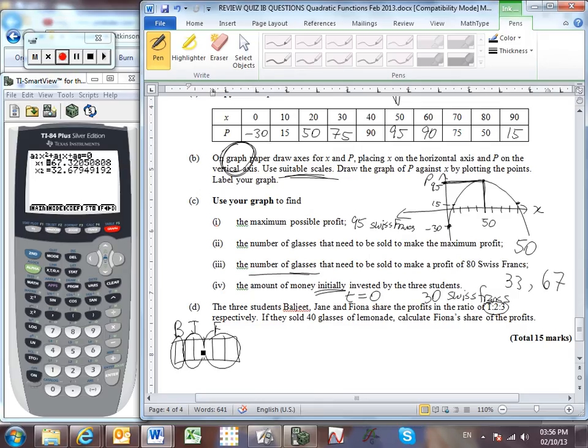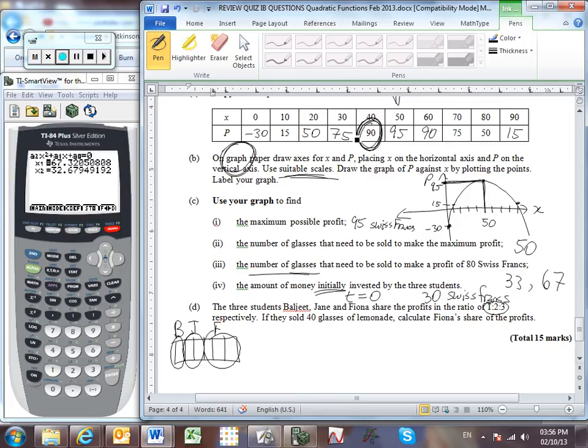Perhaps Baljeet only invested 5 Swiss francs at the beginning, Jane invested 10, double the number, and Fiona invested 15, triple the number. Now let's suppose they sold 40 glasses of lemonade, that is to say that they earned a total profit of 90 Swiss francs.